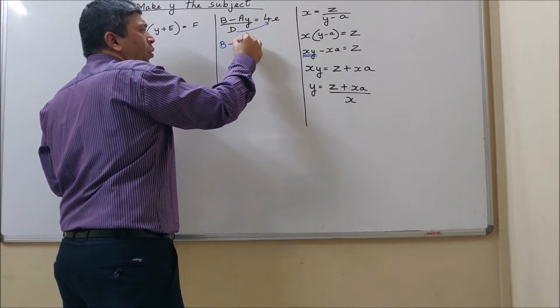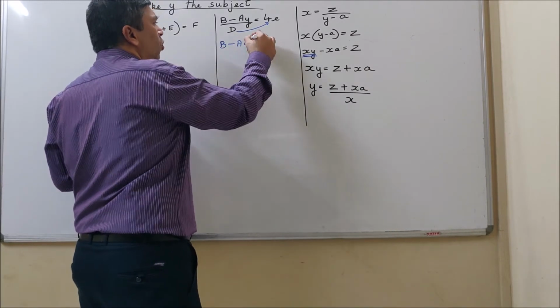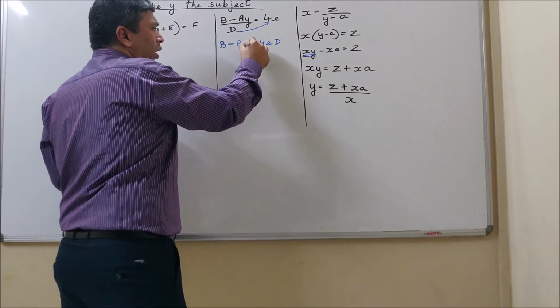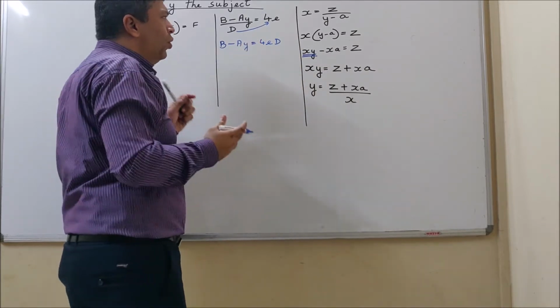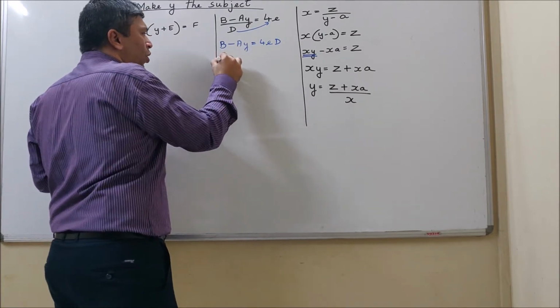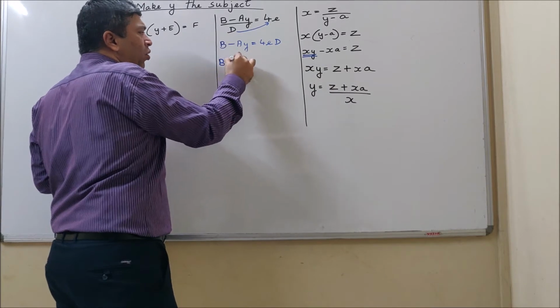b minus ay is equal to 4ed. Whatever you want to make the subject should always be alone. So this thing is going to be alone. So what we are going to do is, I'm going to take this on this side.